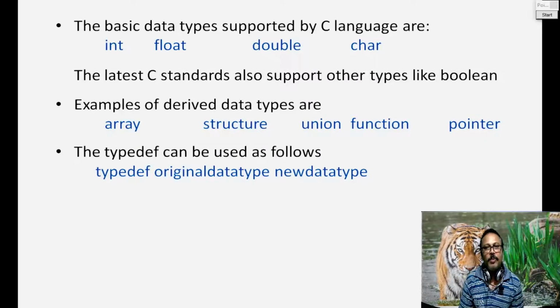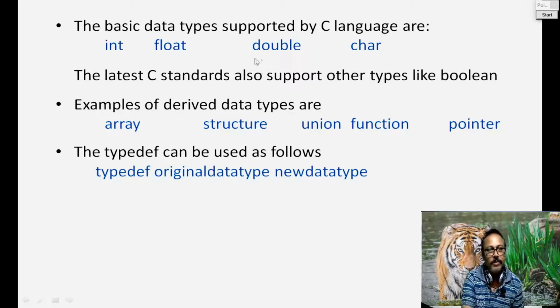Then function and pointer can also be considered as derived data types. Many books don't mention them as derived data types, but they can be considered so. Each of these we'll discuss as a separate chapter, so we're not going into the details.